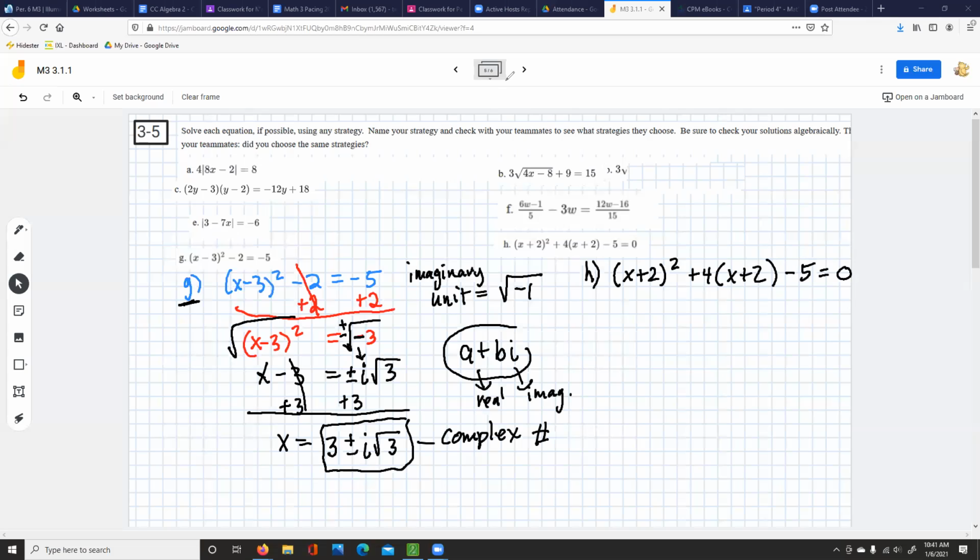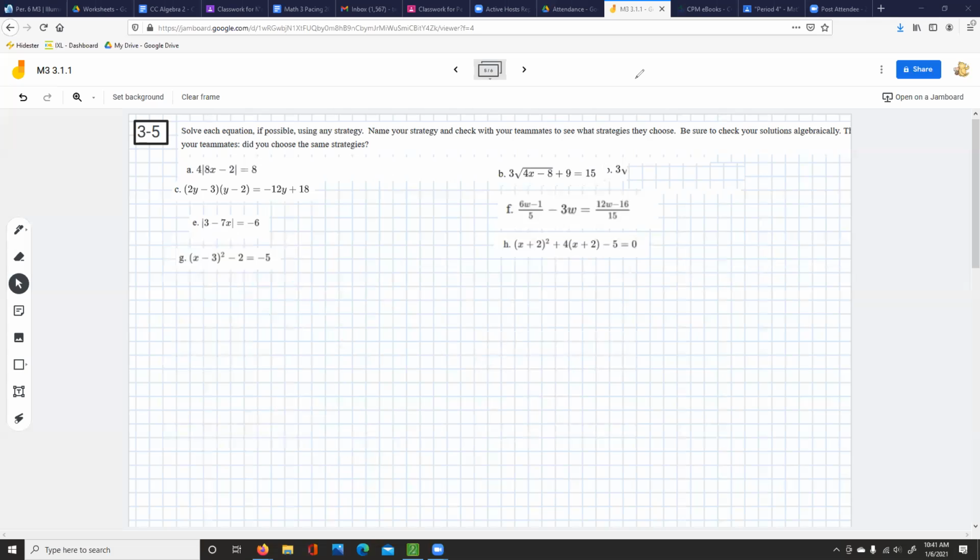Any ideas on this one? Now I could multiply this all out. I could square this, multiply it out, and then have a big messy thing that's equal to 0 and try to solve it. That's the rewriting method, but that is kind of complicated. There's an easier way.